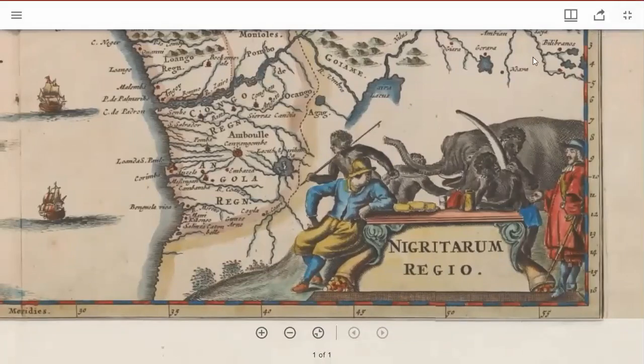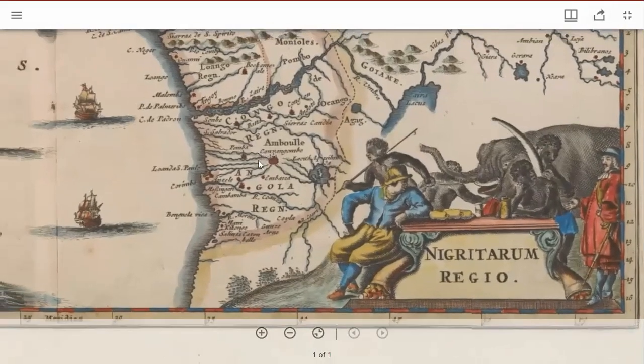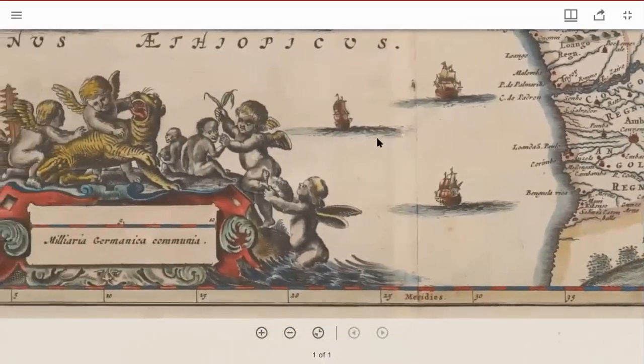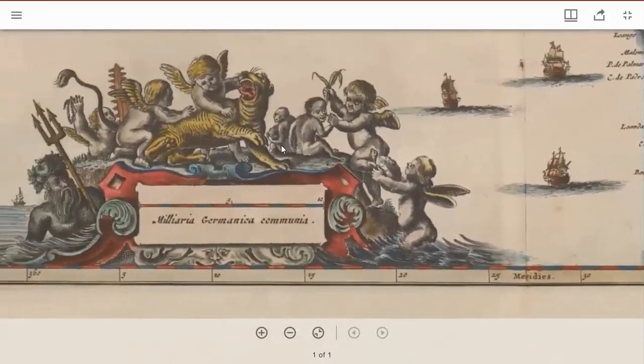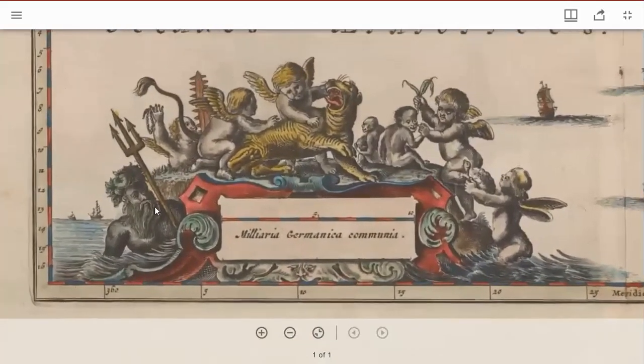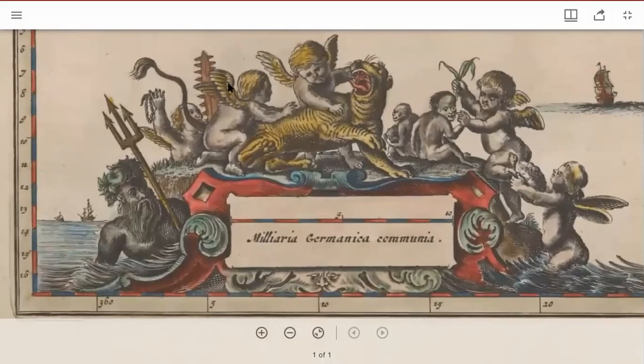So the Stanford maps are quite useful for the study, especially of these illustrations around maps. If you look at the kind of iconography of Poseidon here in the ocean and the various putti that are represented in the cartouche, you can't help but think that these map makers are getting carried away with their artist friends in Amsterdam at the time.